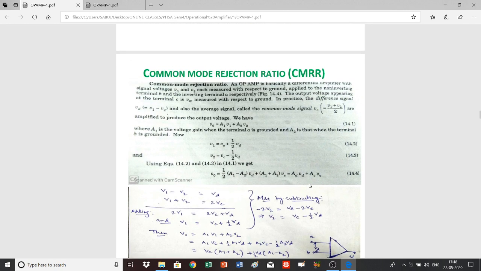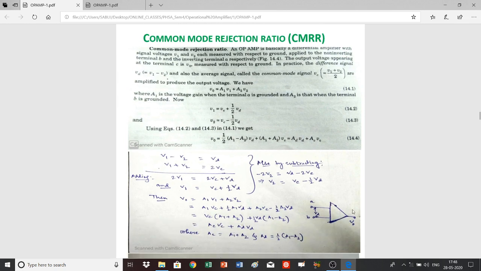So the output voltage does not exclusively depend upon the difference voltage applied to these two terminals. The output voltage also depends on the average of the voltages applied to these two terminals, and this average is called the common mode signal.